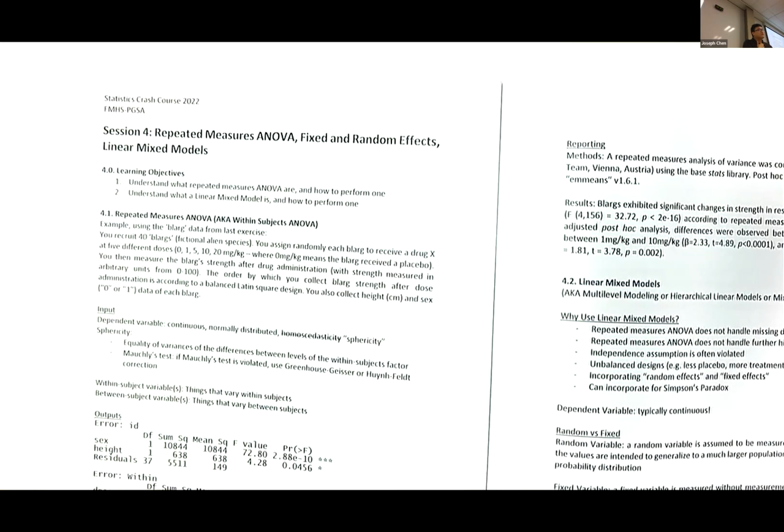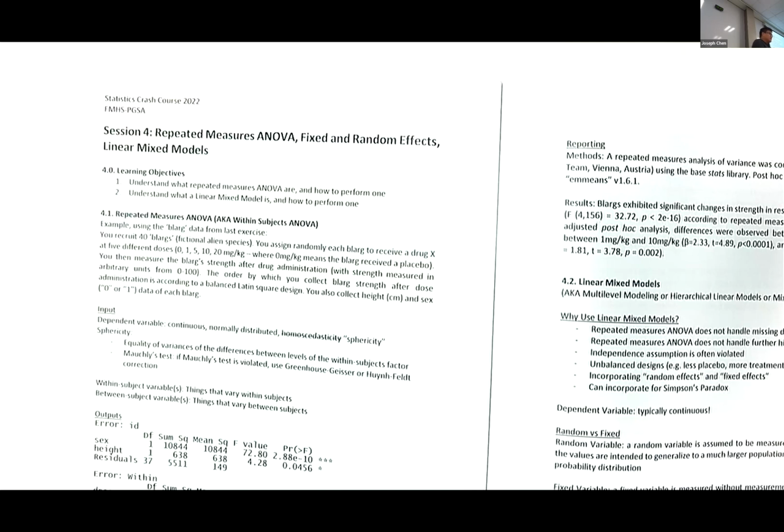To explain the background, one-way ANOVA and two-way ANOVA came about probably in the second half of the 20th century, and they were things you could actually do by hand and easily calculate. That's why people did them. Then repeated measures ANOVA came in the latter half of the 20th century, because it's also reasonably easy to calculate by hand.